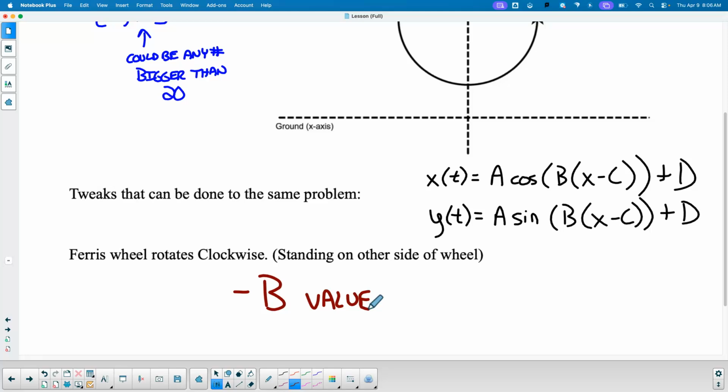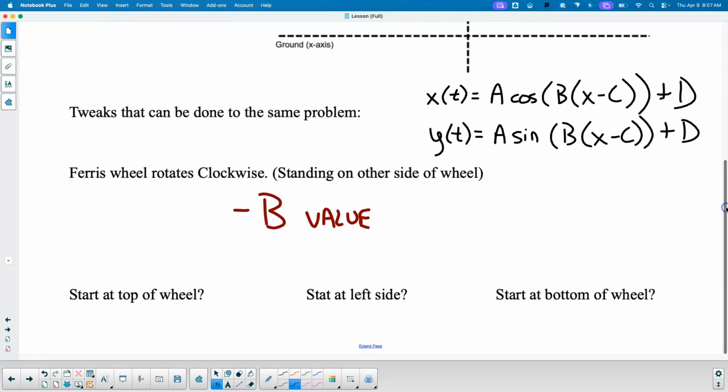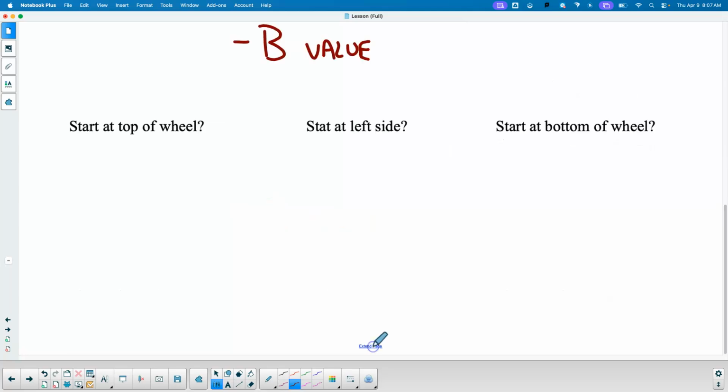So we have to adjust for, instead of loading here at 0 on the unit circle, loading at the bottom. Or in the $1 billion idea that I had about the aquarium one, we would load at the top. So to account for that, we have c values here.